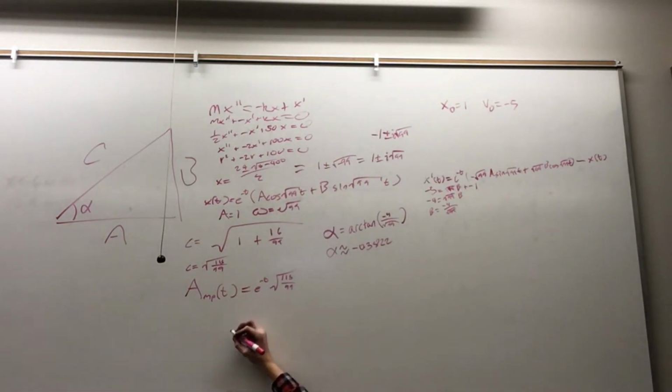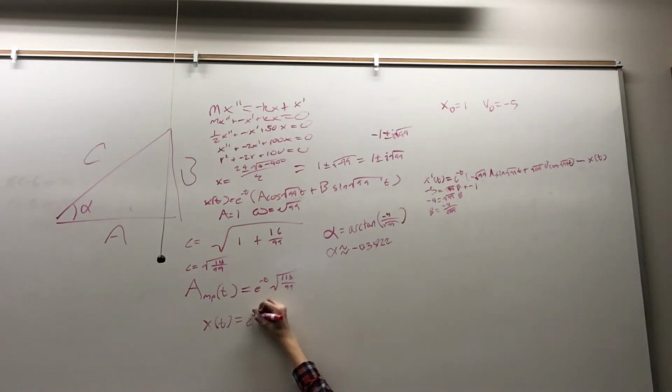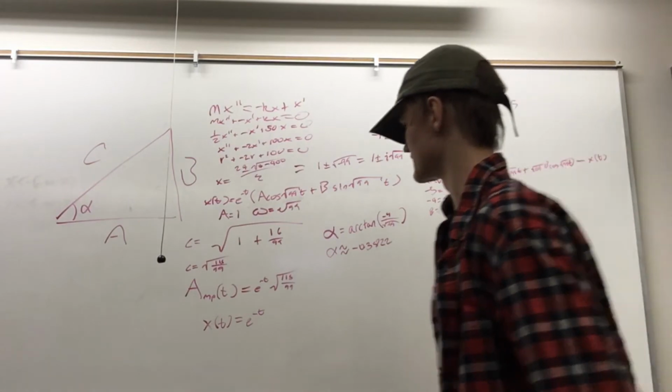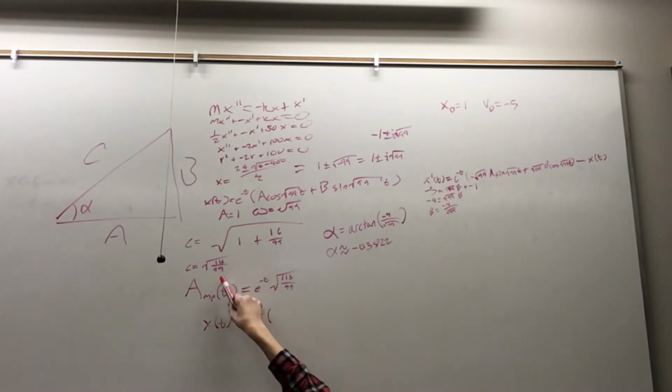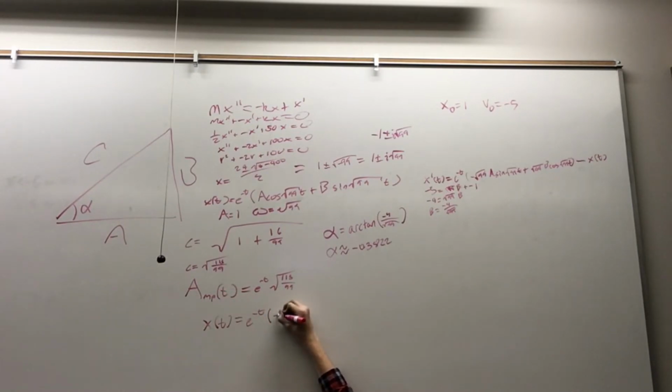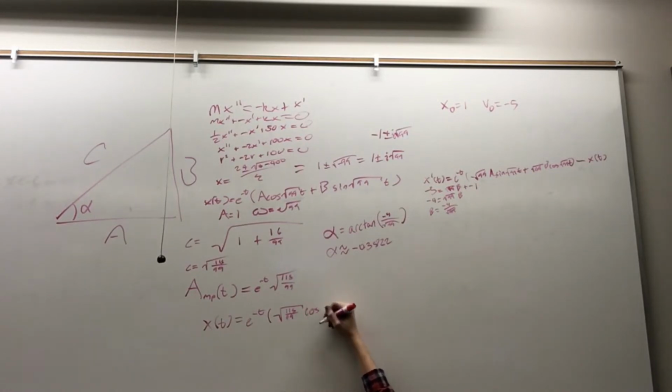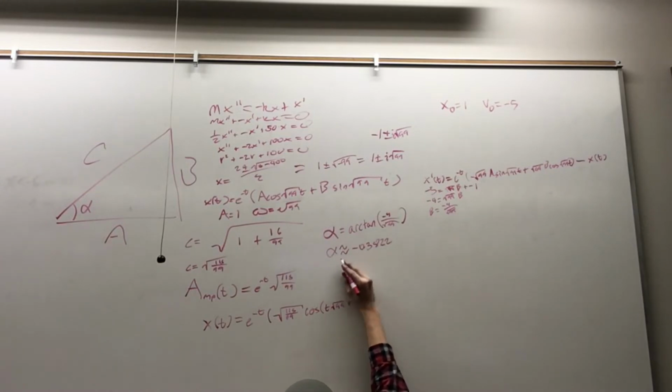So I'm going to do that right here. x of t equals e to the negative t, I hope you all can see this, times the square root of 115 over 99, times cosine of square root of 99 t plus alpha, or negative 0.3822.